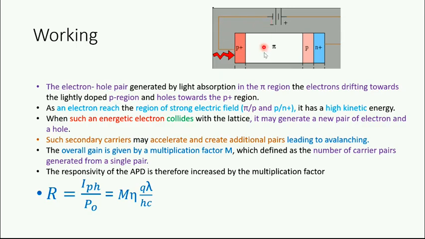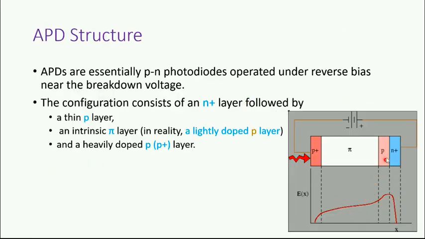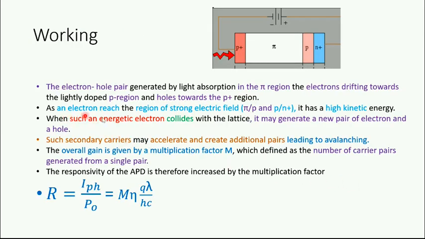So holes move this side, electrons move this side. We saw the electric field intensity in the last diagram. At this junction and this junction the electric field intensity is higher because there is a depletion region. So when an electron reaches the region of strong electric field, the pi-p junction, it has high kinetic energy. Kinetic energy means momentum will be very high, high speed.